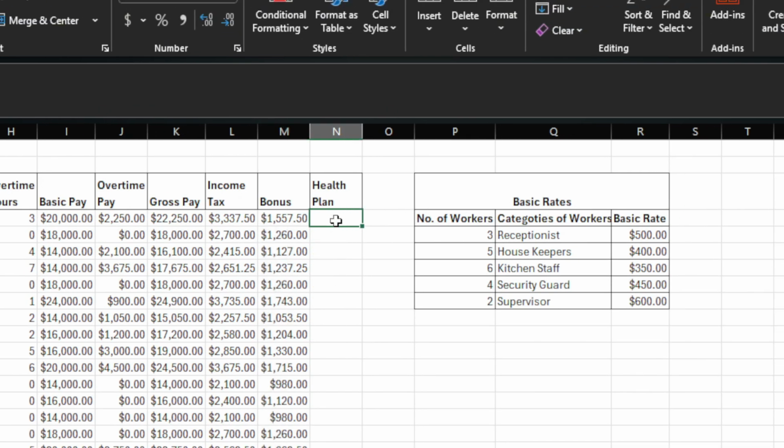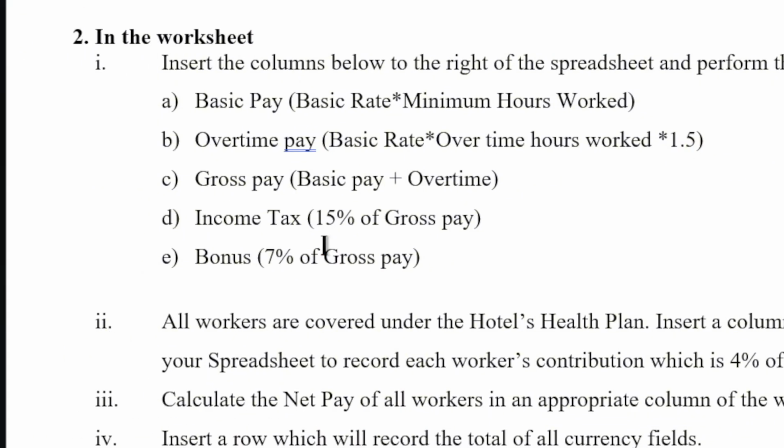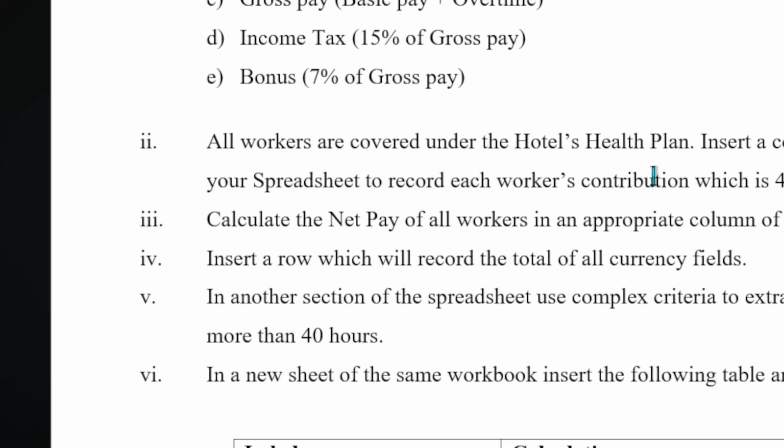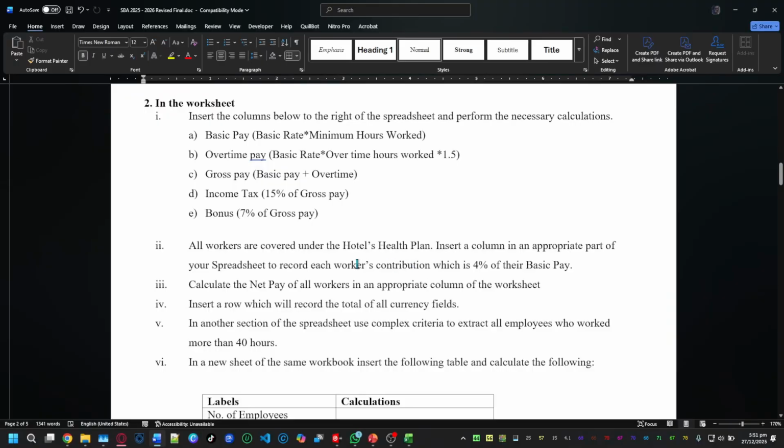Everything. Now let's look at the health plan. What do we have regarding the health plan? It says all workers are covered by the inserted column. Yes, we've already inserted the column, which is 4% of their basic salary. So that's basic pay, 4% of basic pay.